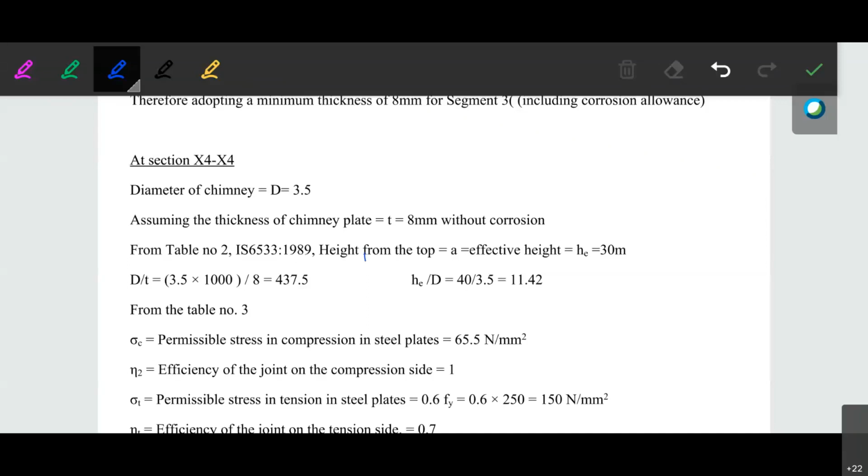So inputting the same value in our calculation, that is 2607.5 multiplied by 10 raised to 6. Putting that value, height will obviously be H4 from the top, which is equal to 40 meter.